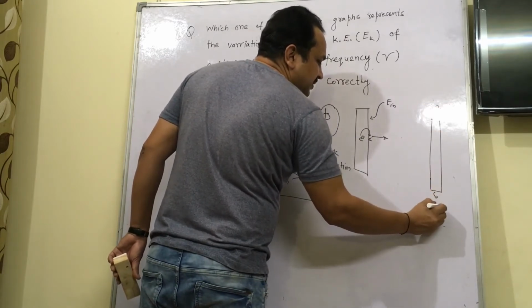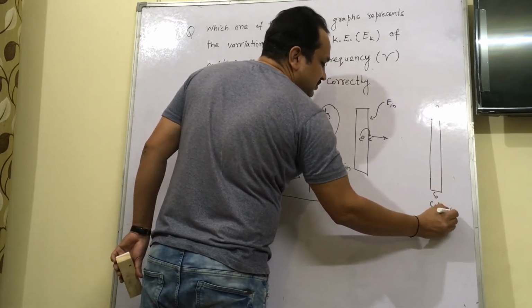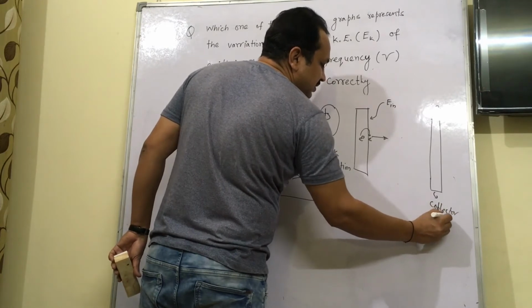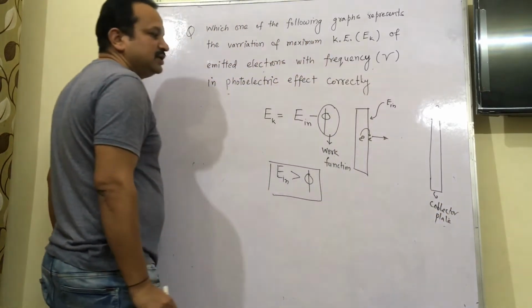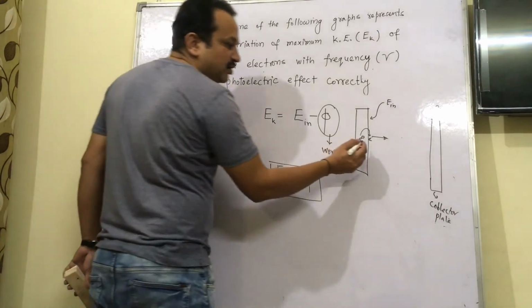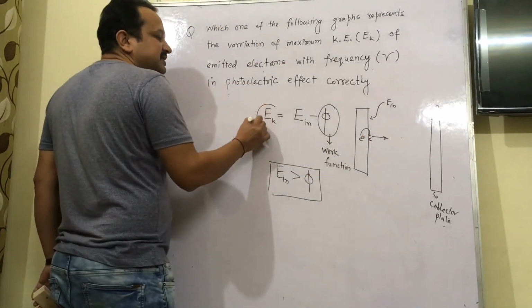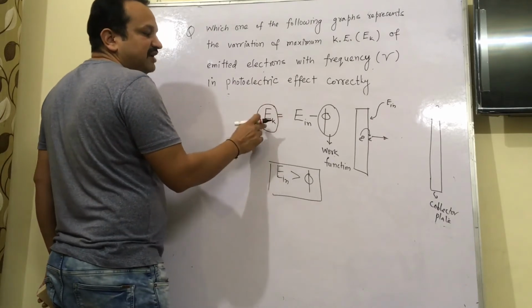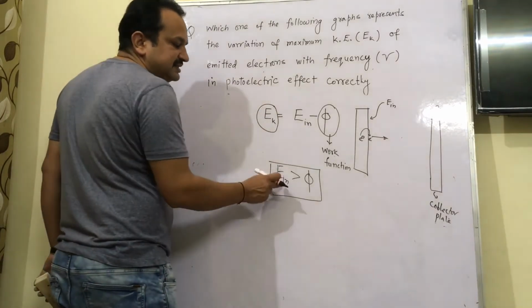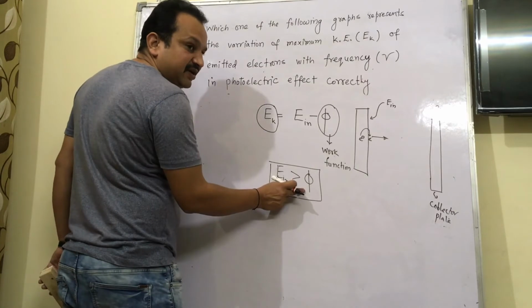This is the collector plate. So only in that case the electron will get accelerated. Only then the electron will have some kinetic energy, when incident energy is greater than the work function.